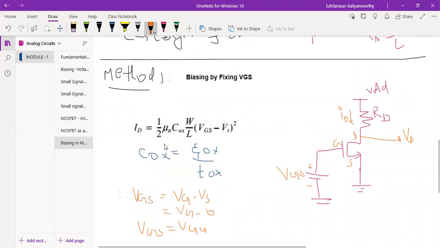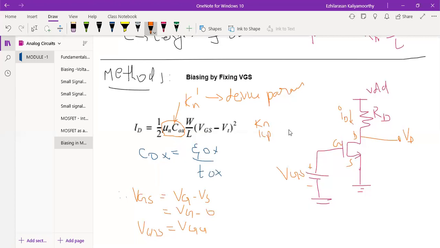Where here one more thing I want to say: this mu n C naught x is nothing but a device parameter. Earlier I said device parameter Kn, or K also sometimes they may write, because we are having two devices. So K is a device parameter. For NMOS we write Kn, for PMOS we write Kp. That is the reason I said Kn, because we are dealing with NMOS actually.